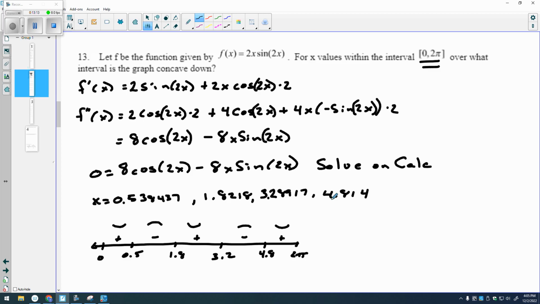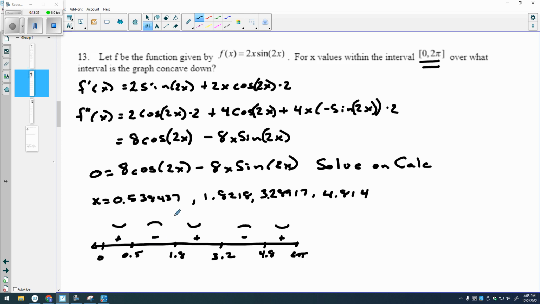So now I need to look to the left and to the right to see where is it positive and where is it negative. And I simply plugged in something like 0.25, something between 0 and 0.5, into my second derivative, and I got a value, and that was positive. Then I plugged in something between these two, and I got a value, and that's negative.